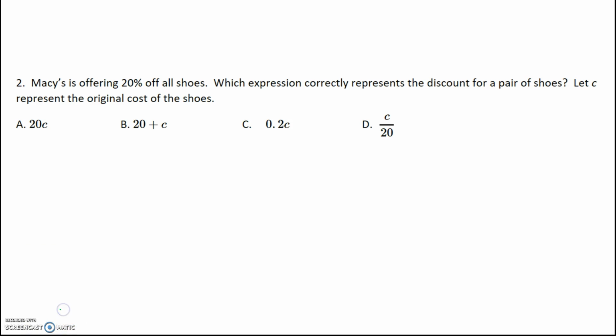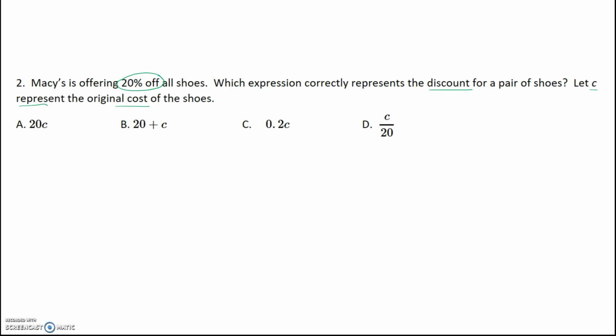Okay, next problem. It says Macy's is offering 20% off all shoes. Which expression correctly represents the discount for a pair of shoes? We want C to represent the original cost. The discount is 20% off the cost of the shoes, right?